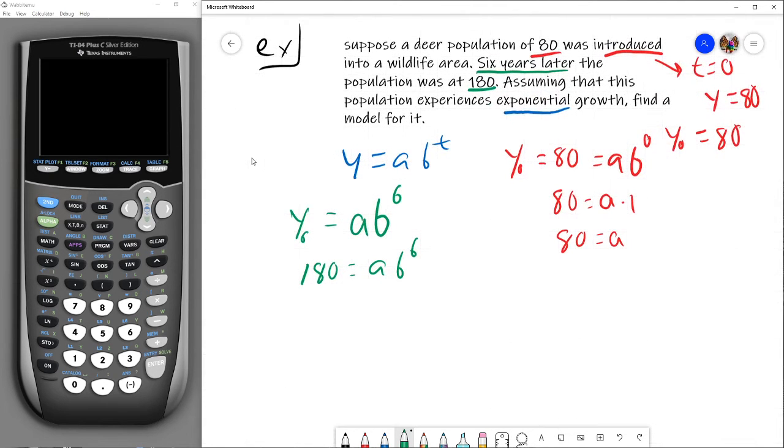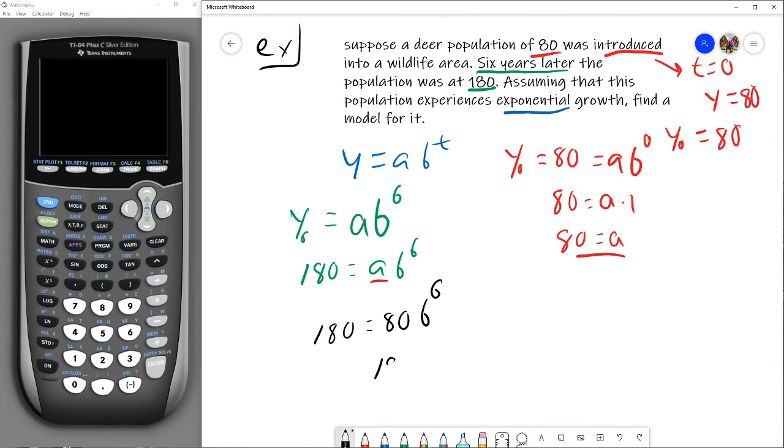Alright. Now, we do know what a is. It is 80 here. So, we can go ahead and start solving. 180 is equal to 80 b to the 6th. So, now we need to solve. We can divide out the 80.